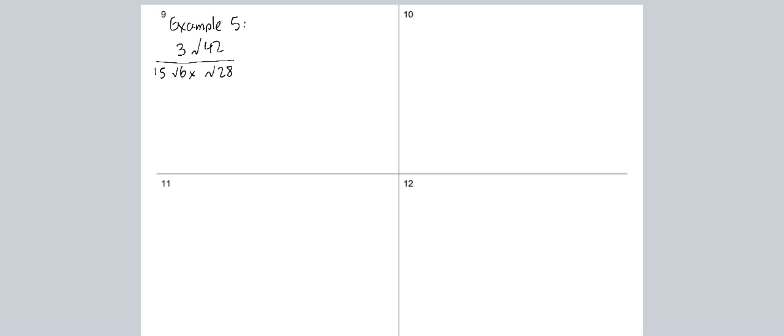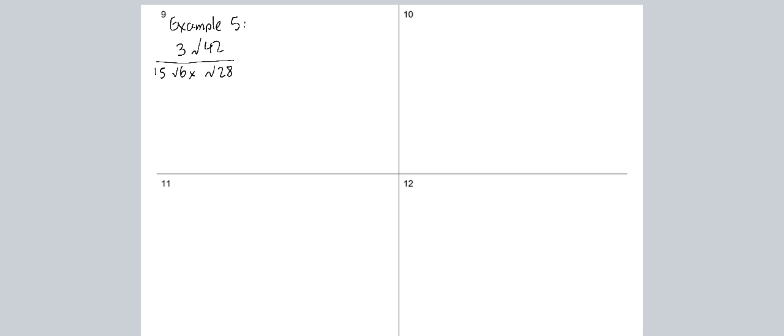Example 5. 3 root 42 over 15 root 6 times root 28. Now, there's a few ways to approach these problems. And as you become more sophisticated with your maths, you'll learn which way to go first. One first step might be to simplify your surds first.